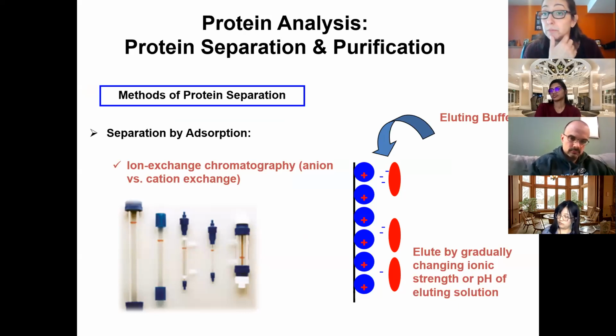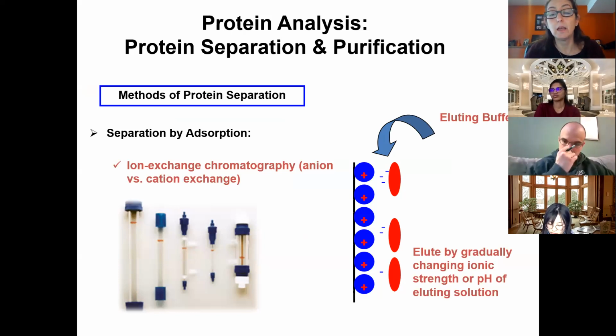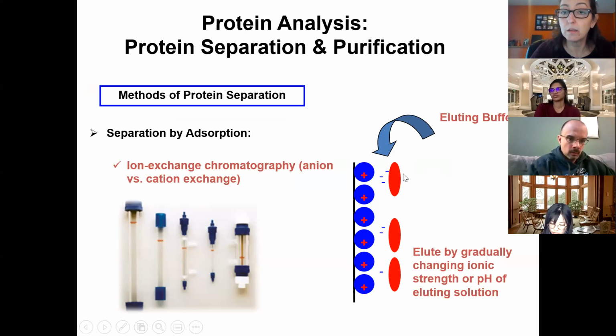Separation now by adsorption. And this is where I gave you the example of the whey protein by Agropur. So they actually use anion exchange chromatography. And in anion exchange chromatography, again, a refresher to remind you, we're exchanging anions. So your proteins are negatively charged and your column has media that is positively charged.